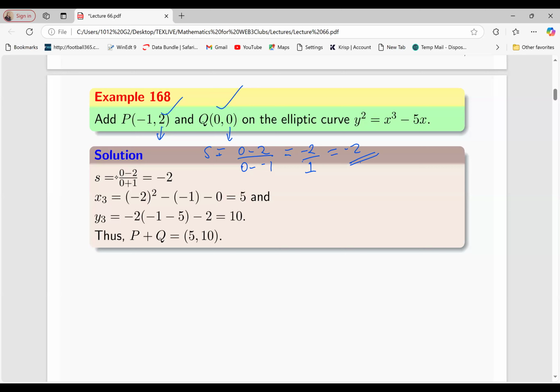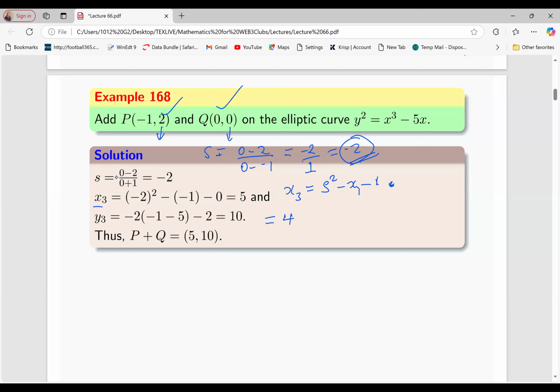After getting our gradient, we go straight to find our x3. And x3, we take the gradient and then square it, then subtract x1, then subtract x2. So in this case, our gradient is -2. When you square it, you get 4.